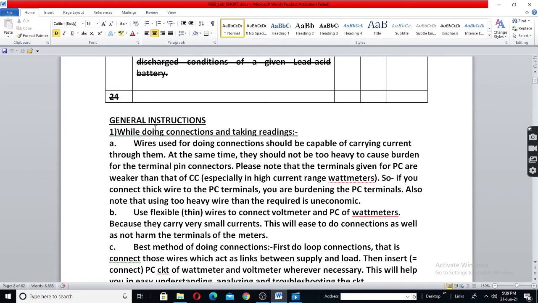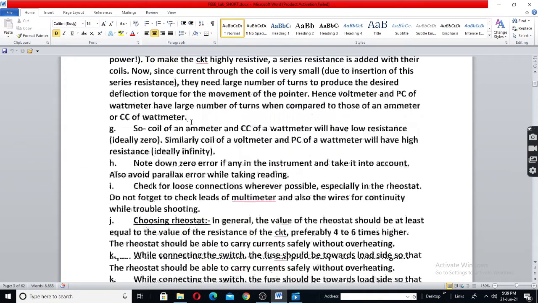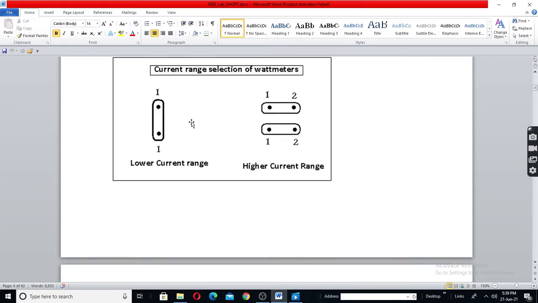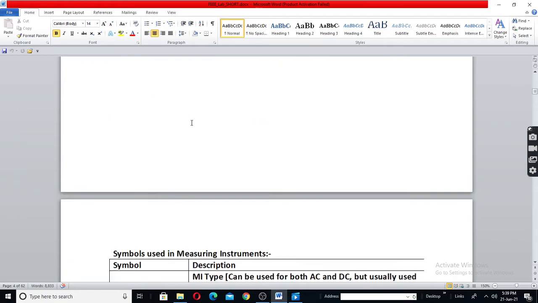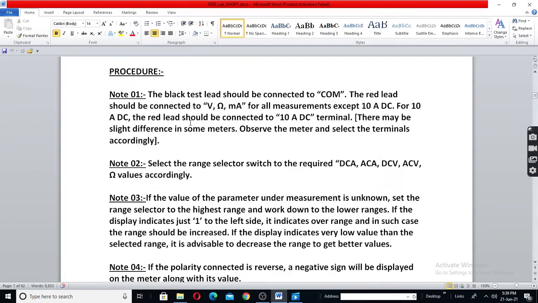General instructions you can study yourself, and they will be explained in between whenever necessary. Otherwise, if I take it in the first class, it may be boring to you. Let us see the digital multimeter now.